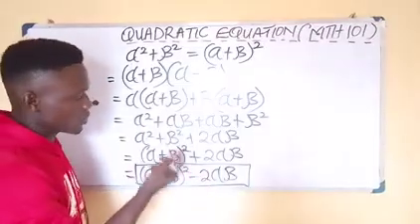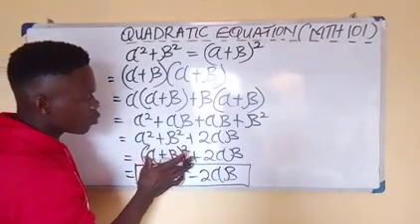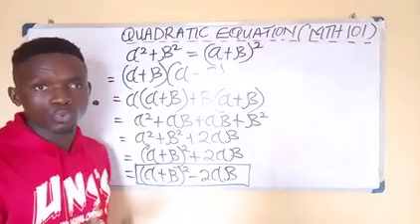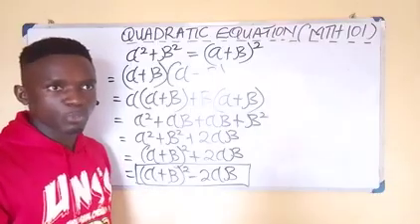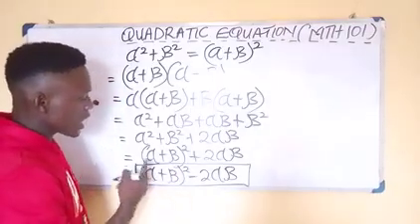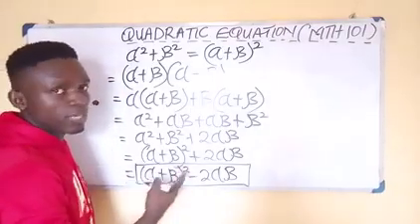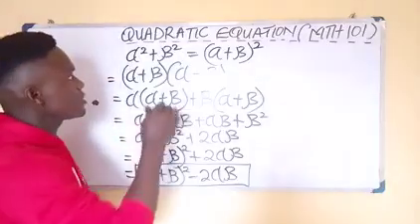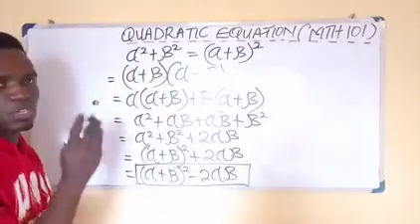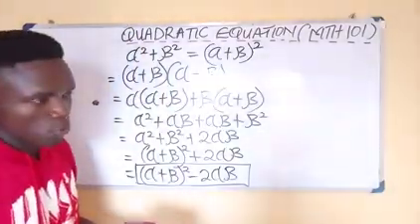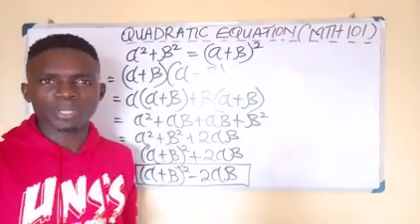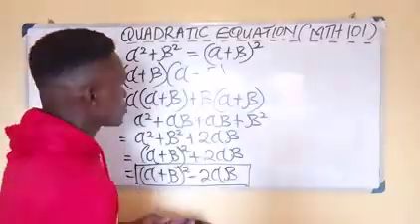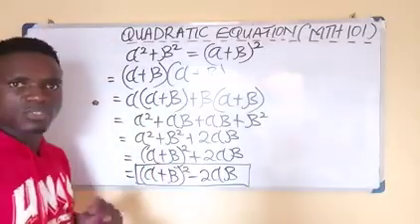In mathematics we go with rules and principles, so in this case we are using alpha plus beta raised by 2 minus 2 alpha beta. Hope that is clear. So this is case 1. Now let us consider case 2. Case 2 is a bit more complex than the one we just did. So let's look at it very well. I believe this is clear enough.